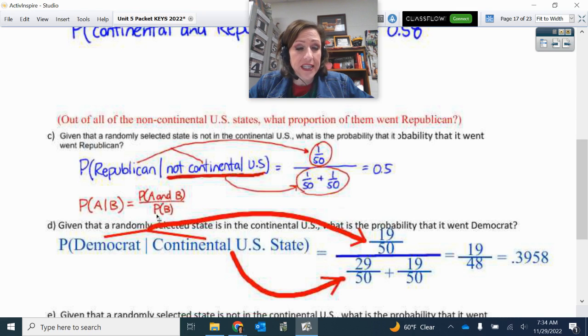So the totality of all the B, in this case, of all the not continental United States. And then on top is what part of that is the criteria I want? What part of the B is the A and B? So what part of the not continental United States is Republican continental United States?